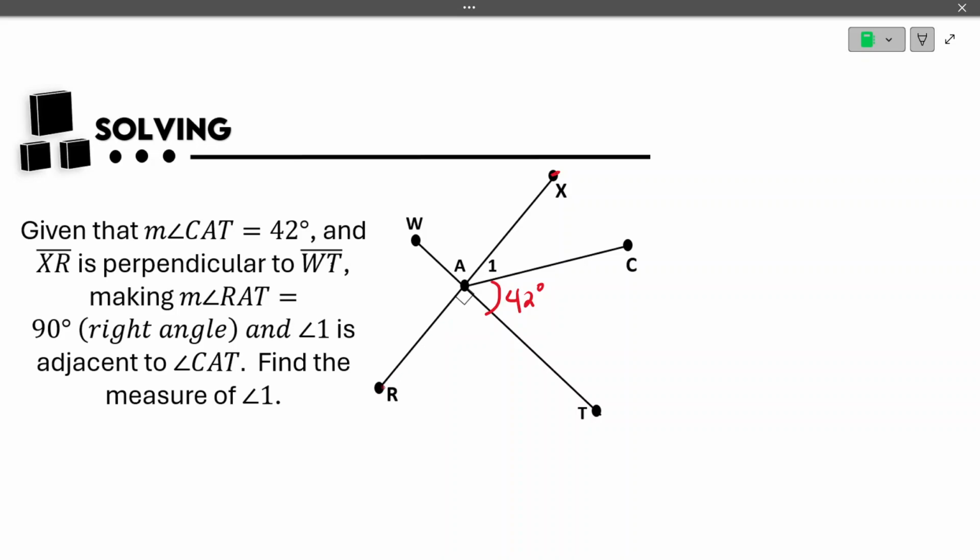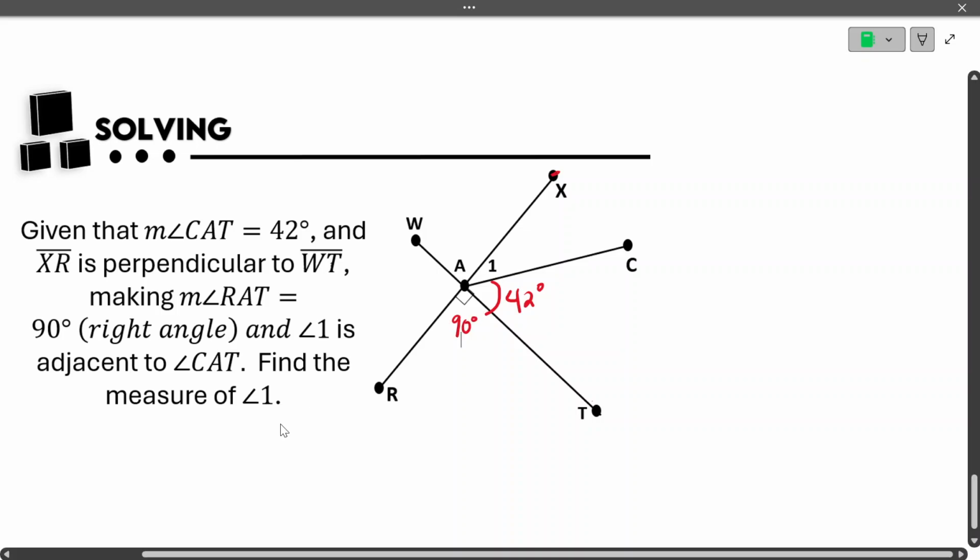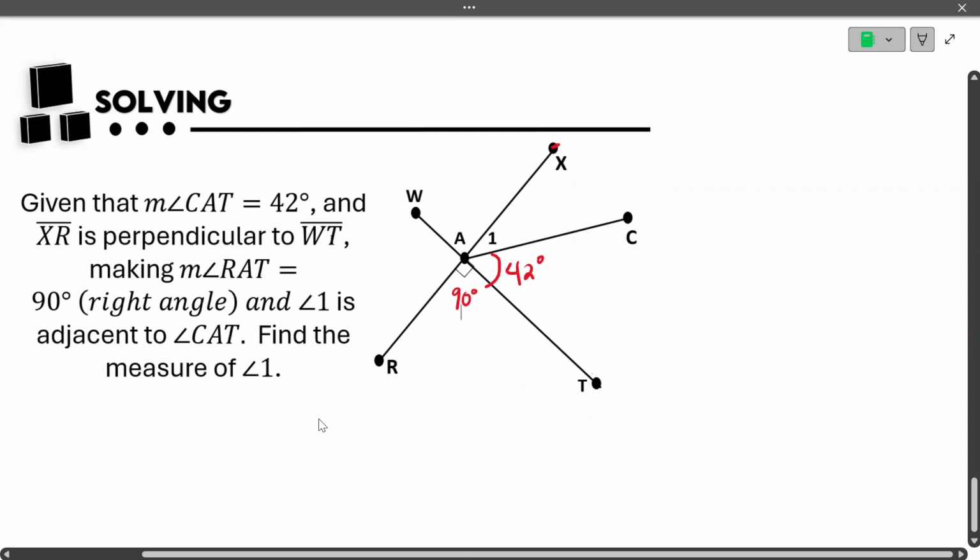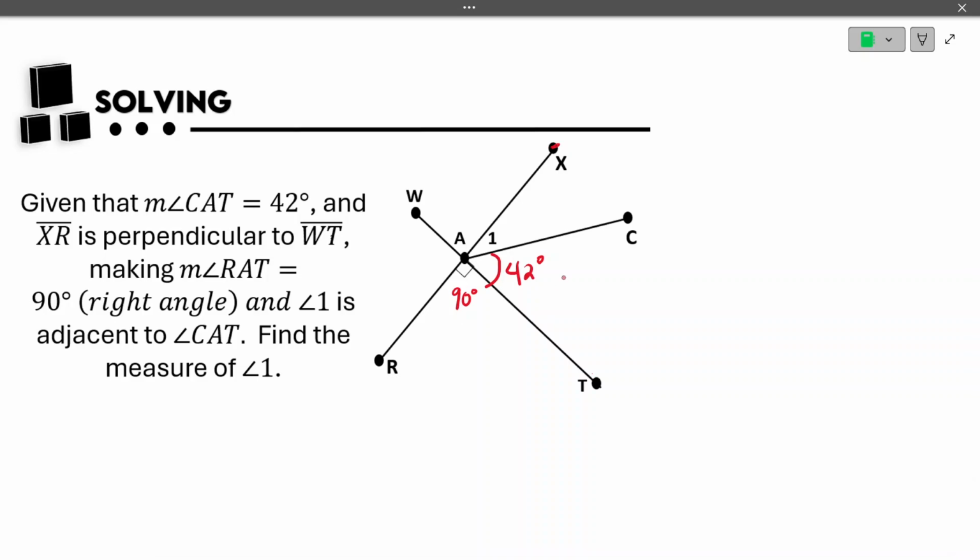XR is perpendicular to WT. So, the intersecting point CA with line XR and WT. Now, making RAT, where RAT is a right angle. So this is 90 degrees. And the question here is, what is the measurement of angle 1? What is this?